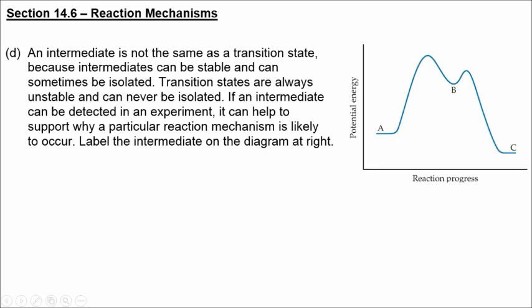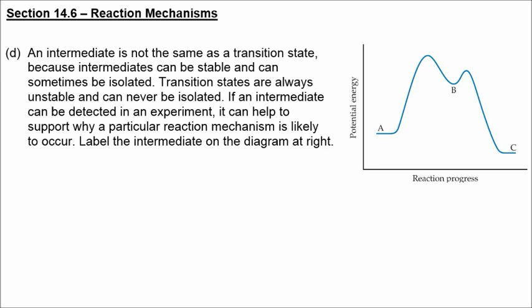On this energy diagram, you can see an intermediate in the valley between the two hills, where it is indicated by letter B in this diagram. An intermediate is not the same as a transition state. The transition state would be the top of the hill. Transition states are unstable and can never be isolated, but an intermediate is relatively stable and possibly can be isolated.